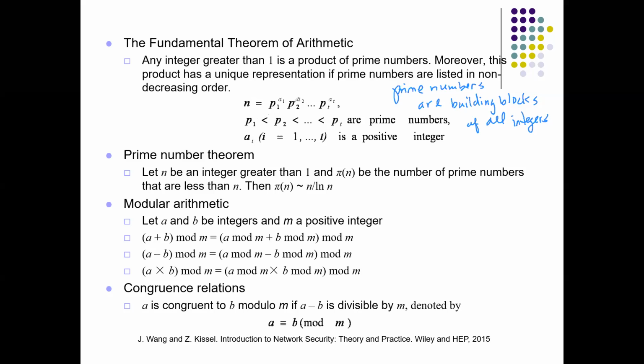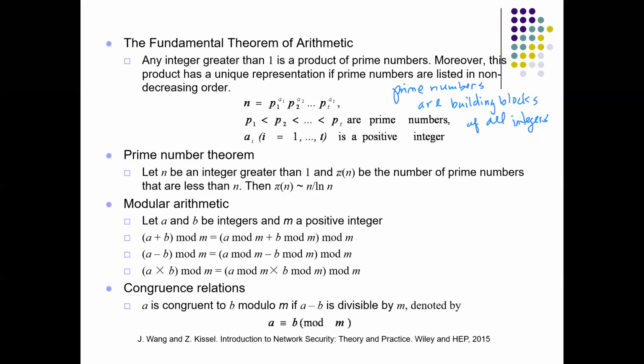So that is the fundamental theorem of arithmetic. A prime number is an integer greater than 1 that does not have a divisor less than n and greater than 1. So that is the prime number. And then we want to know how dense prime numbers are. And this theorem says that prime numbers are dense.